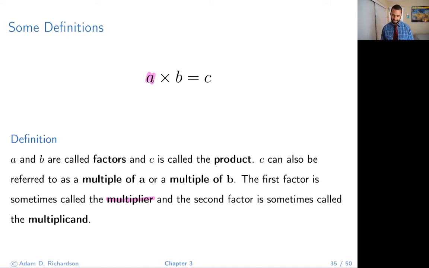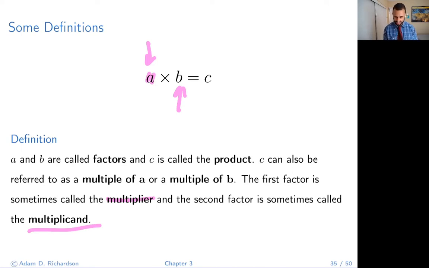So I hate to call a number a multiplier because it's not like a number is really doing anything. It's just a thing, right? But sometimes this first factor is called the multiplier, and sometimes the second factor is called the multiplicand. Did I say that right? Multiplicand. I don't even know how to say it, so you can imagine how often I use it, right?